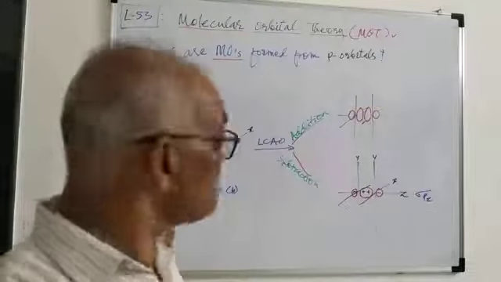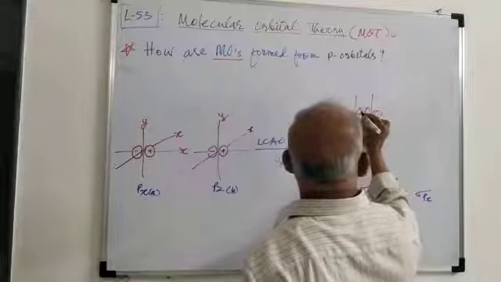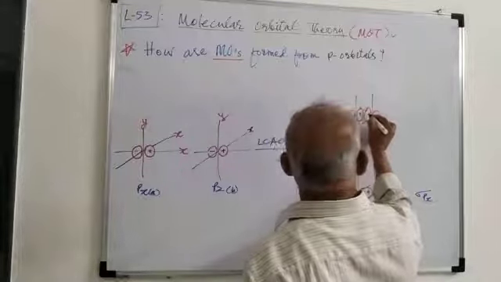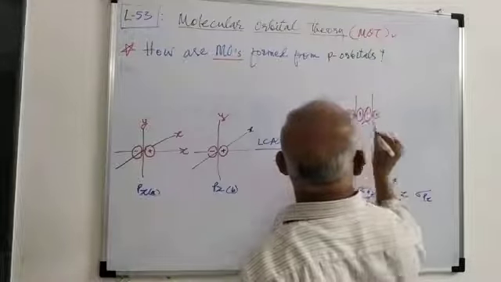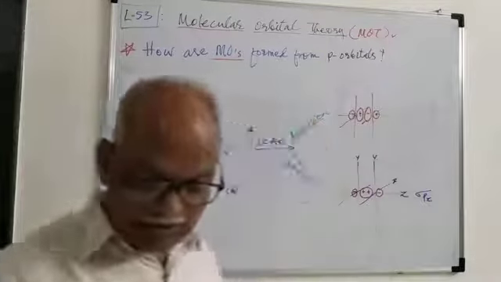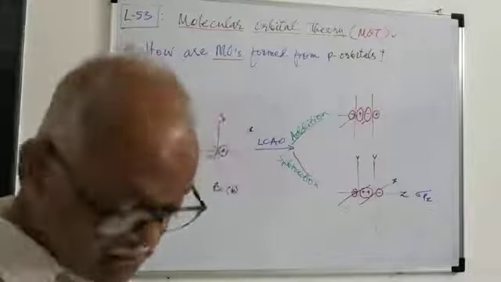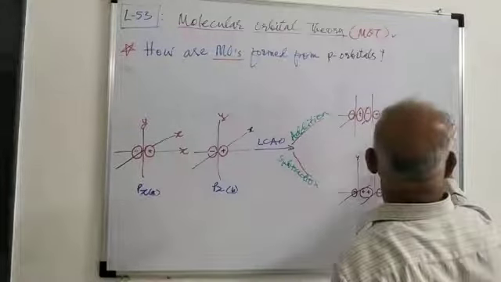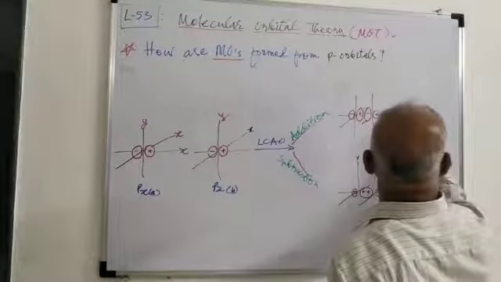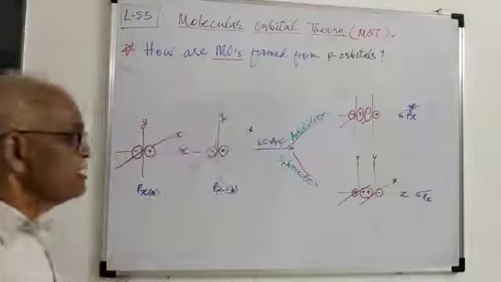So here you will find that the signs of wave functions are plus and minus. Here it will be plus and here it will be minus. So we will get this another molecular orbital which is named sigma star pz. Sigma star pz.